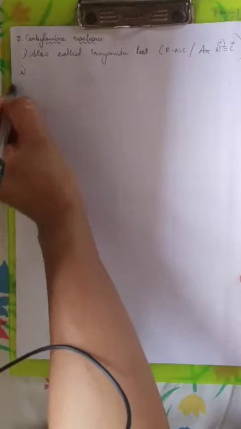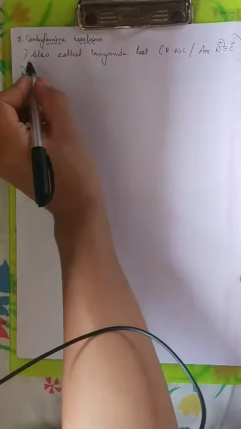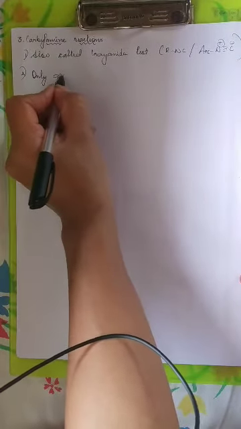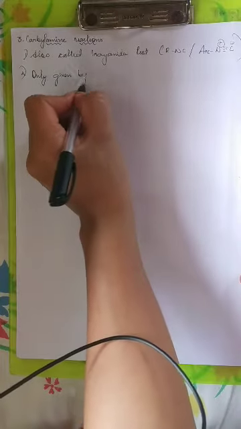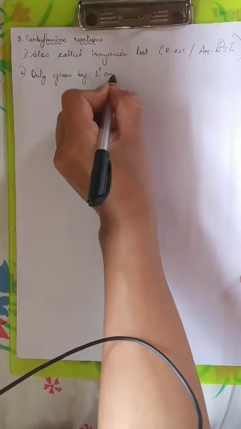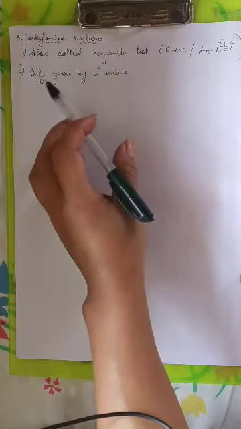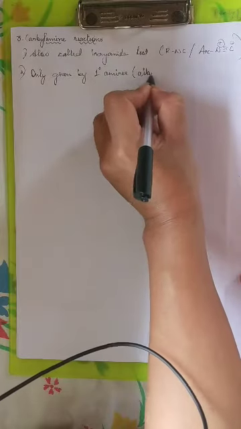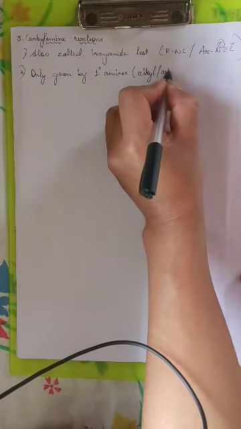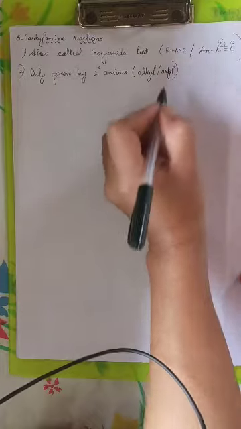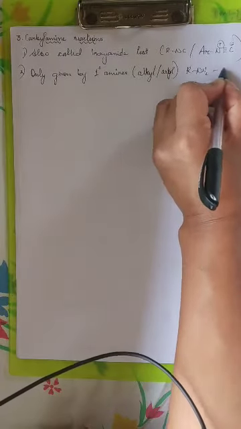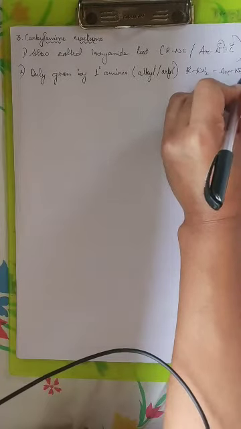The second most important point is that the carbylamine reaction is only given by primary amines. This is one of the most important points here. The carbylamine reaction is only given by primary amines, that is, either alkyl or aryl, but only primary amines.